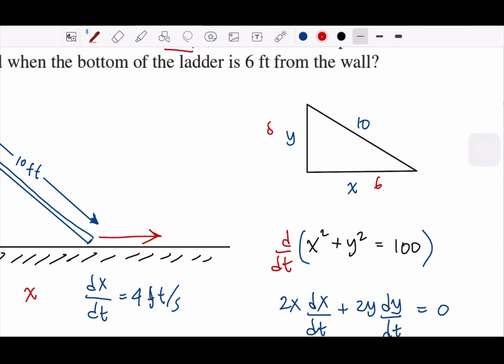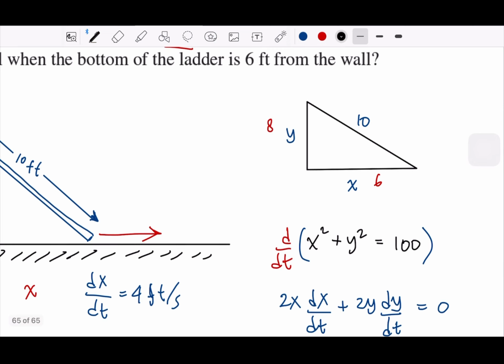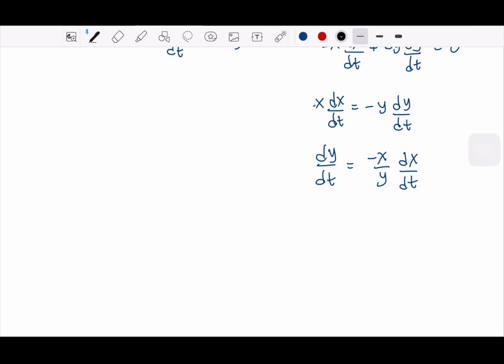So this will be 8, right? Okay. So we get all y and x. So the conclusion, we are going to write down that dy over dt, that's the question, is negative 6 over 8 multiplied with 4.